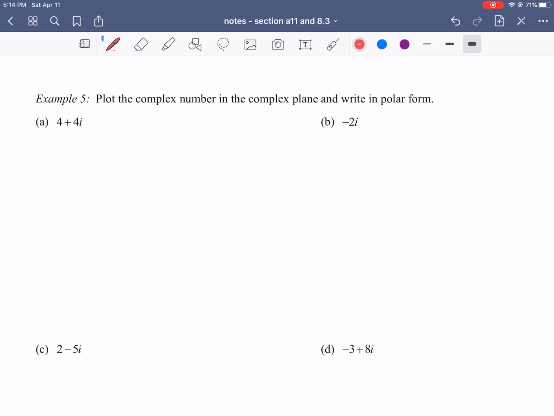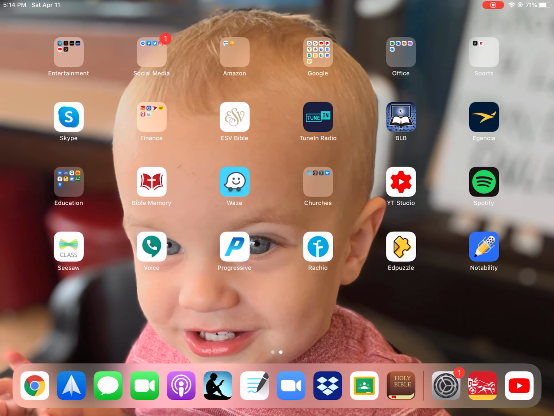And so that's going to take us back to section 8.1 and our conversions into polar, namely that r is equal to the square root of x squared plus y squared, or perhaps using better notation in this case, the square root of a squared plus b squared.